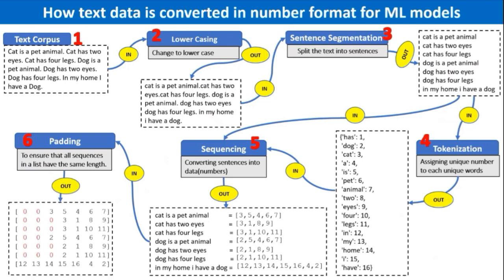The addition of padding not only ensures uniformity in the sequence length but also plays a pivotal role in optimizing matrix manipulation, enhancing the overall efficiency of numerical operations in natural language processing. Padding can be done even towards the end of the sequence.